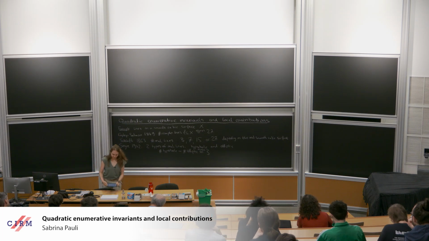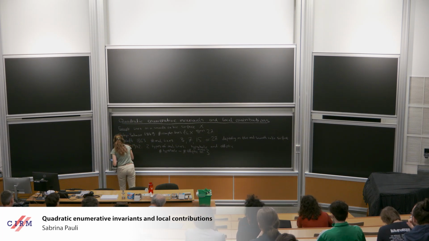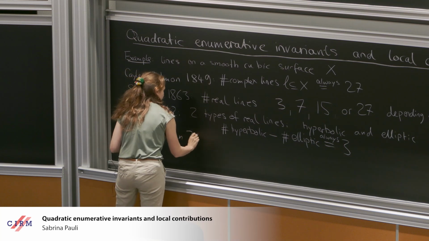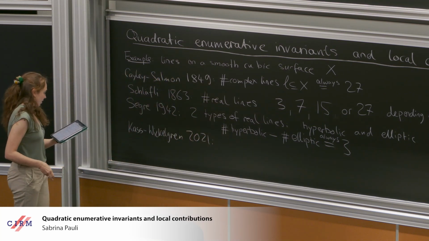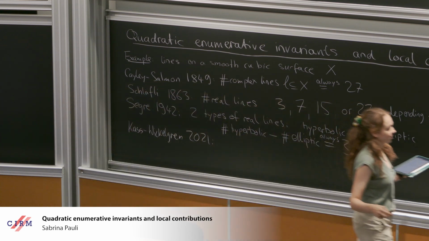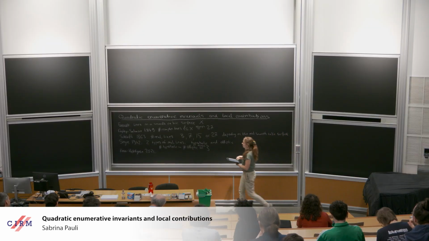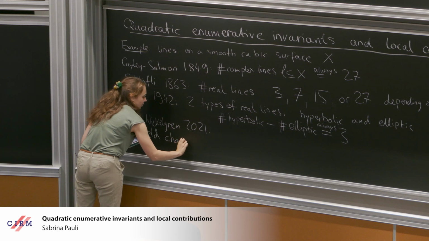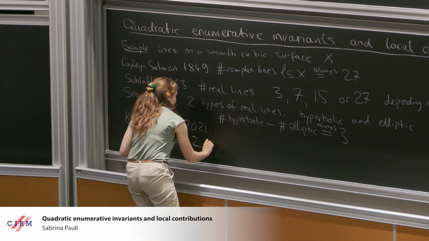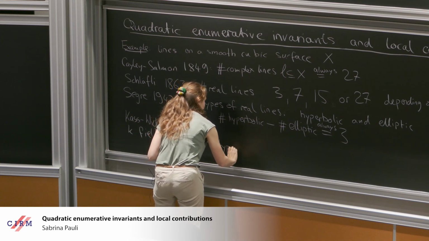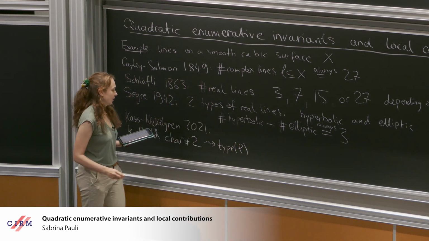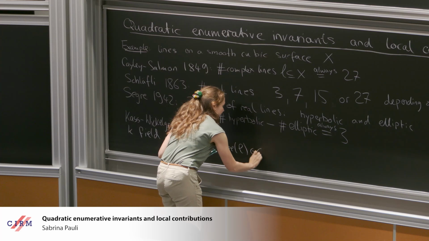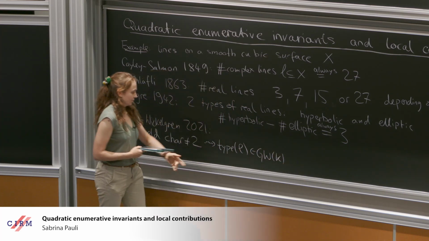And finally, Kass-Wickelgren, I think it was published in 2021, showed that for K a field of characteristic not equal to 2, if you have a line defined over K, then there's a type of L in the Grothendieck-Witt ring of quadratic forms.